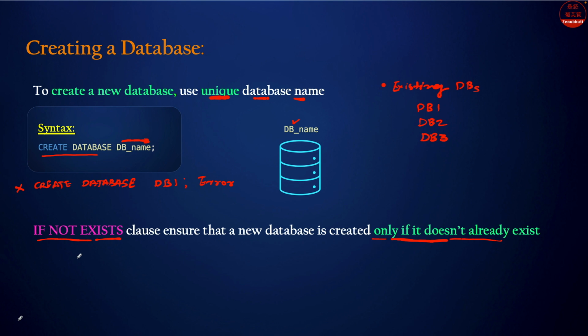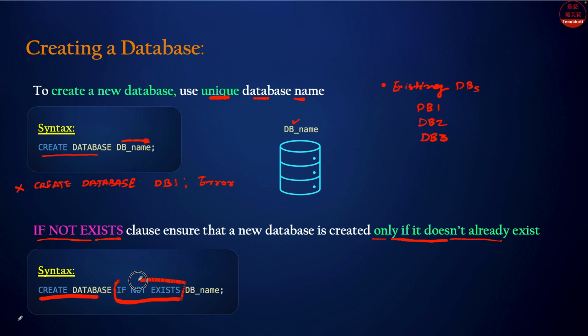Let's try to understand the syntax, and we'll go into detail after that. Again, create database, and we'll just add this clause if not exists between the create database keywords and the database name, right? And everything is similar to the earlier syntax.